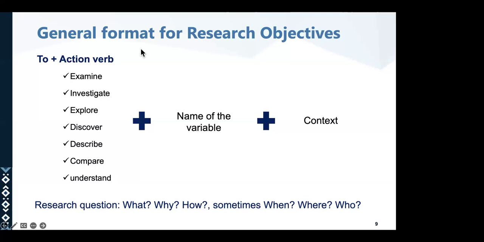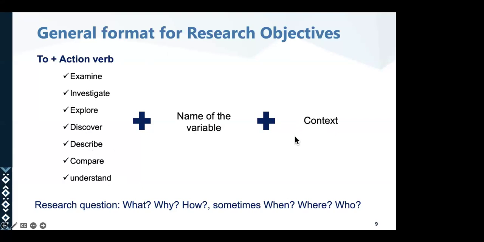So writing our research objectives, we will always have "to" and then these action verbs. Then what will come next will be the name of our variable of interest. And then we will have the context.